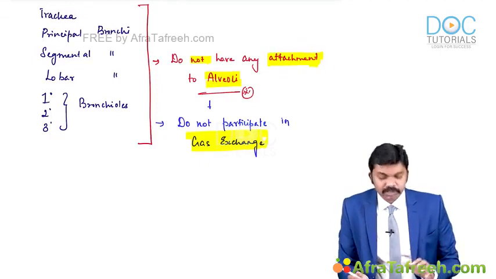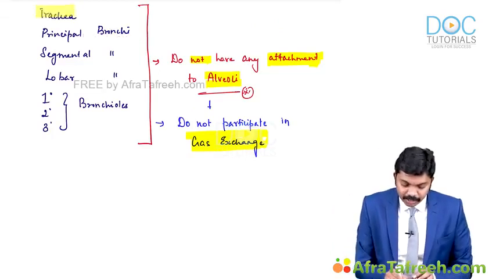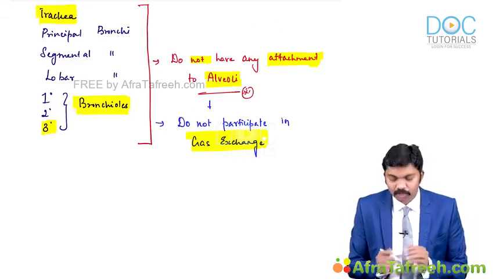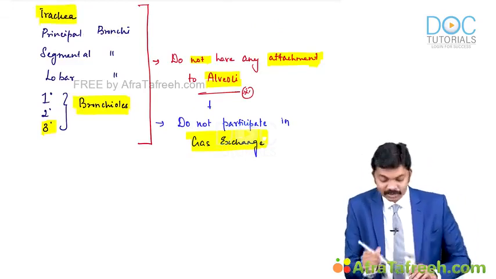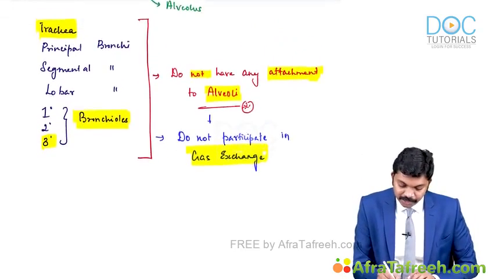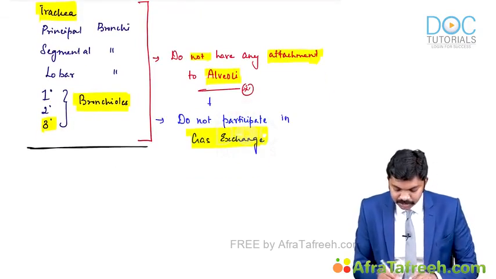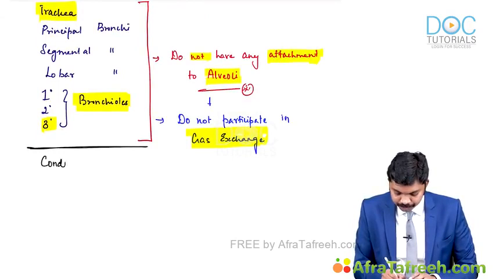Just because these airways, starting from the trachea all the way to the tertiary bronchiole, are not directly involved in gas exchange, we call these airways, doctors, the simple conducting zone.